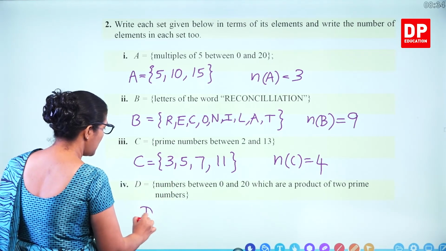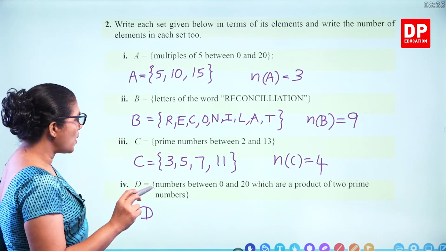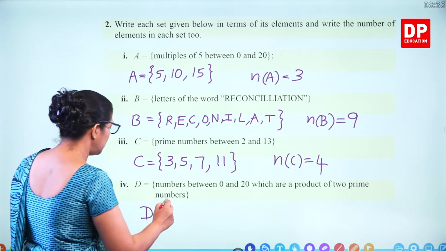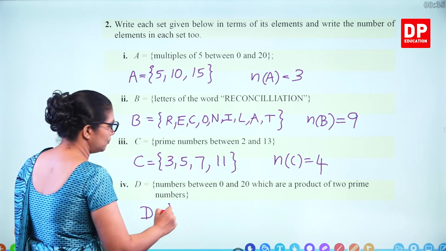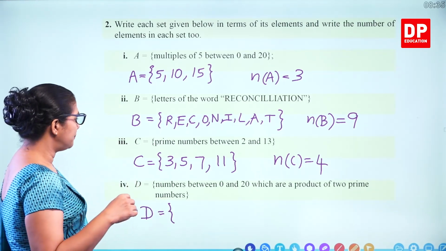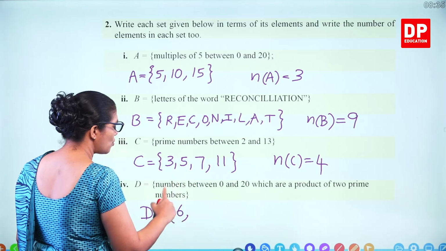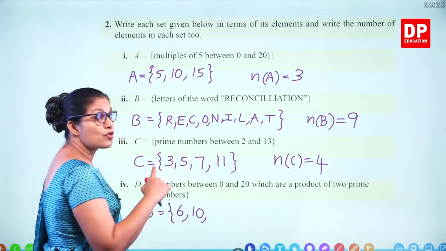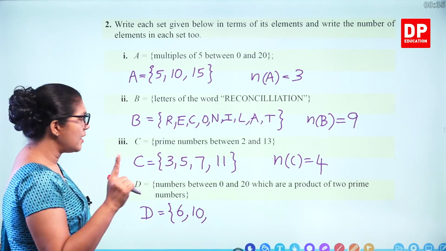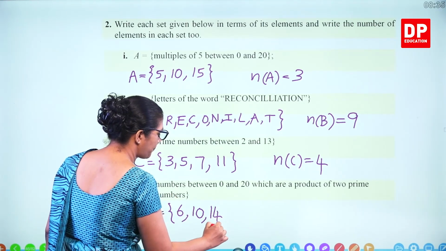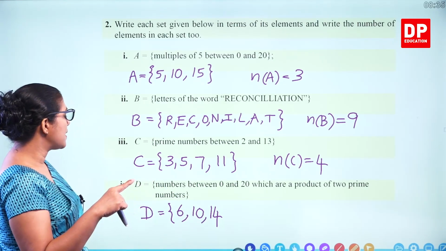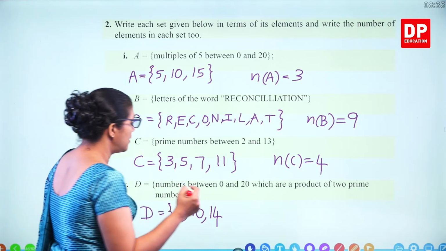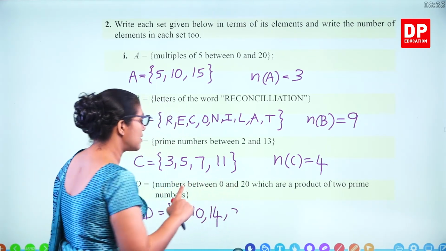This one D. Numbers between 0 and 20, which are a product of two prime numbers. 2 times 3, 6. 2 times 5, 10. 2 times 7, 14. Then 2 times 11, 22, you can't.